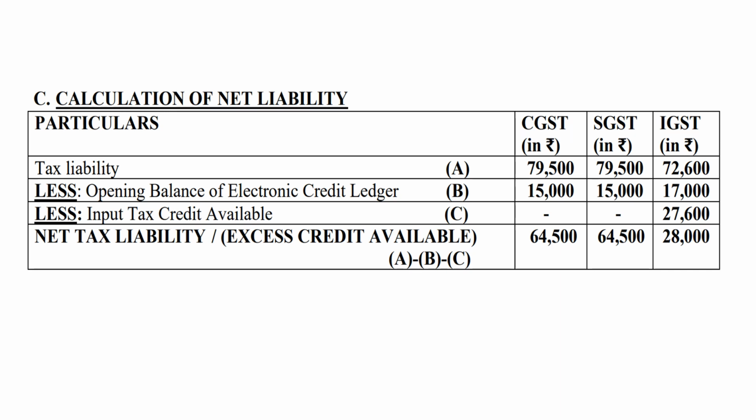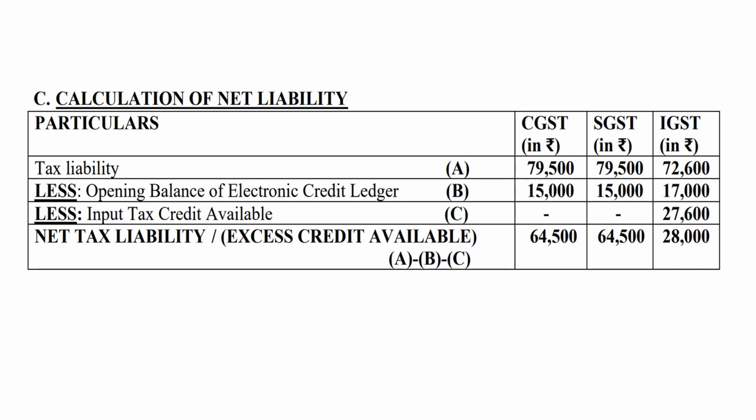Then in the IGST you have an opening balance of 17,000. In C we have 44,600, but we deduct this opening balance of 17,000. So the correct amount is 27,600. Whatever is left over after 44,600 minus 17,000, we write there.